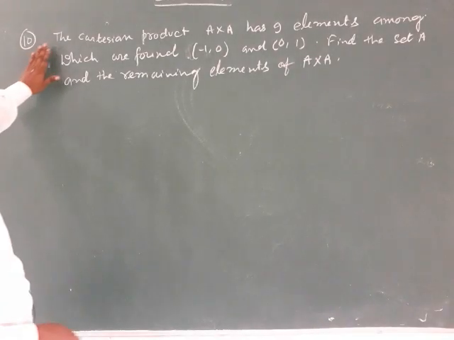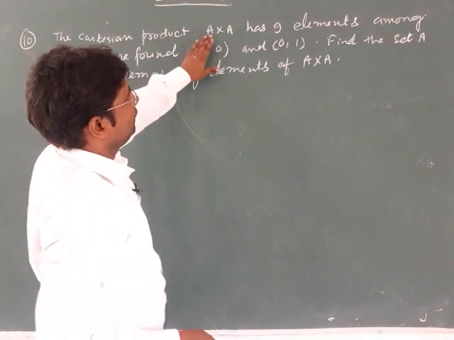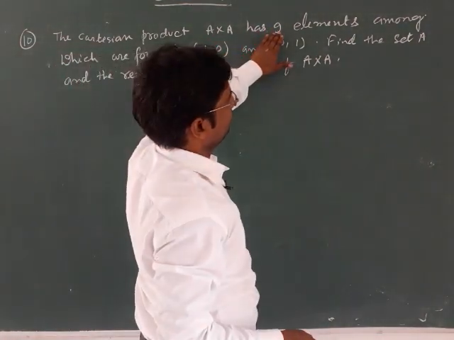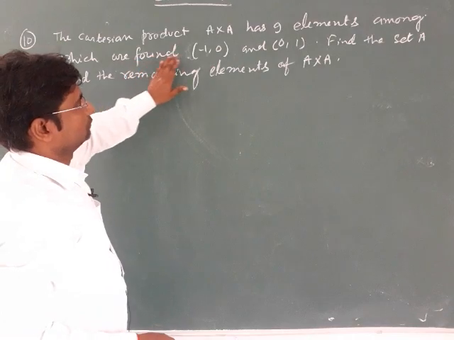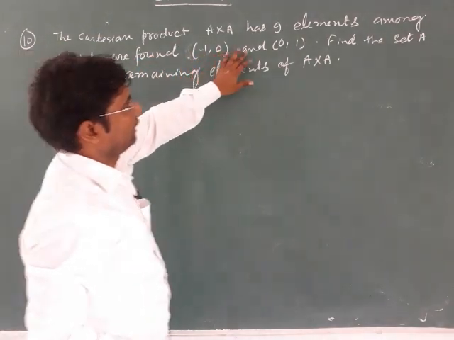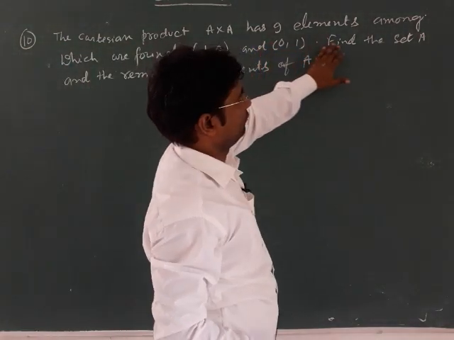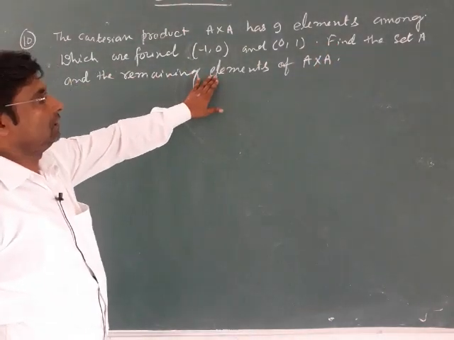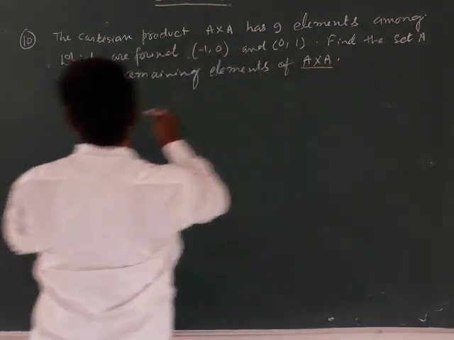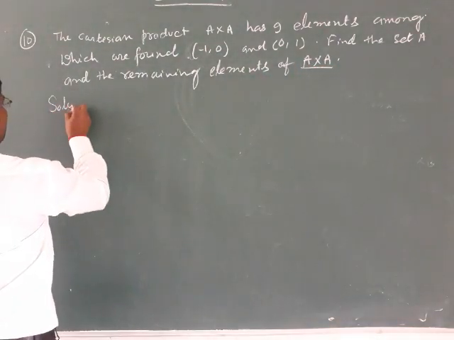Question number 10. The Cartesian product A cross A has 9 elements, among which are found (-1, 0) and (0, 1). Find the set A and the remaining elements of A cross A. Solution of this question.